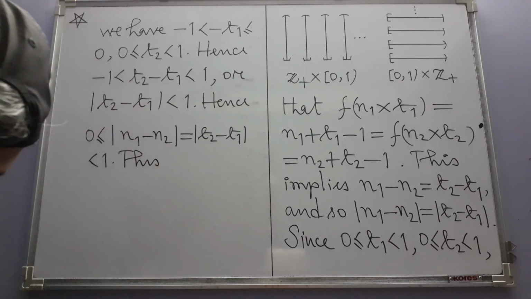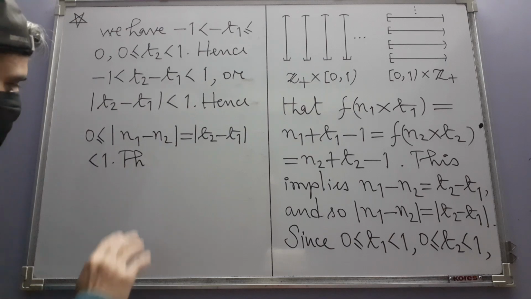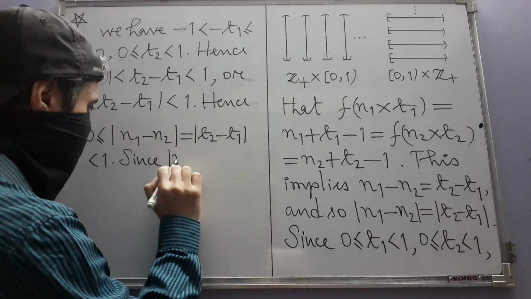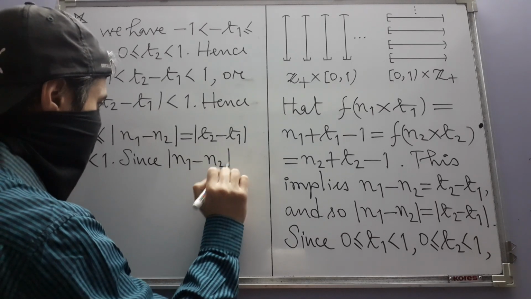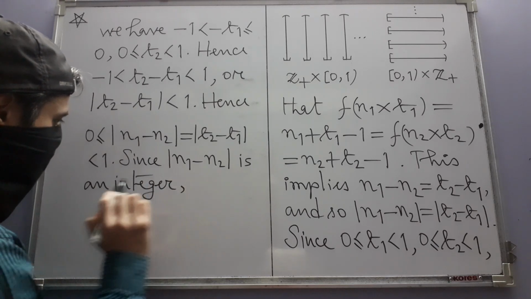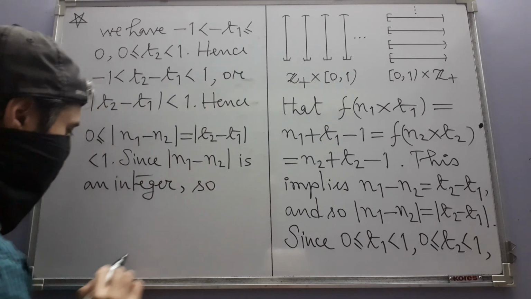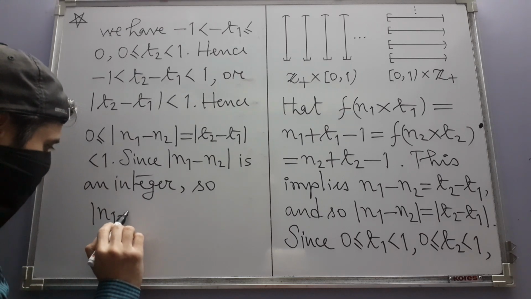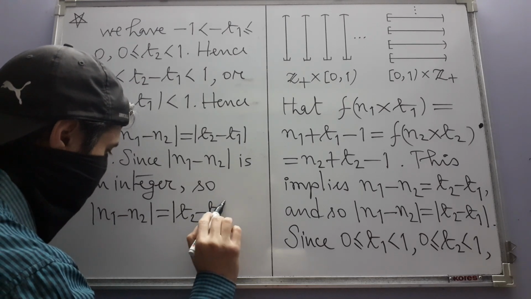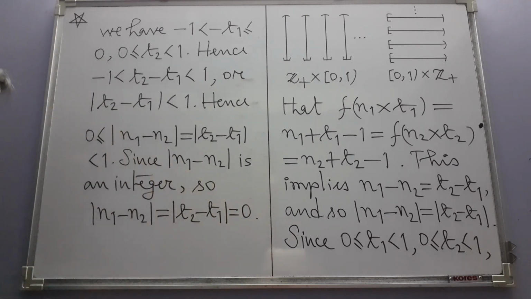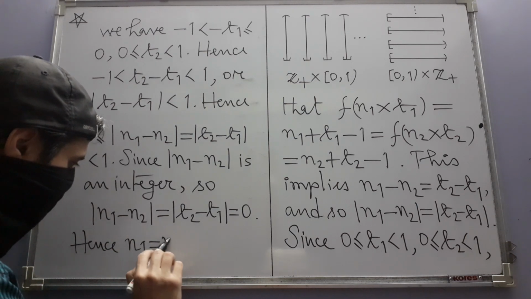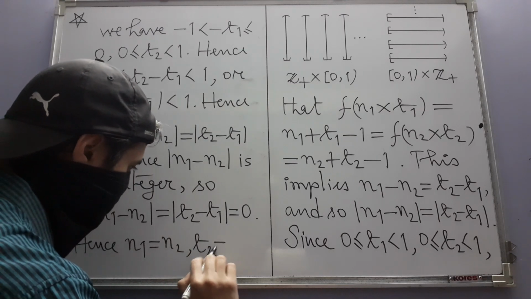And in fact, let us emphasize this fact. Since this is an integer, this must be equal to 0. Hence, n1 must be equal to n2 and t2 must be equal to t1.